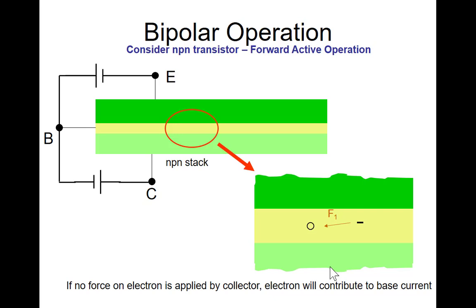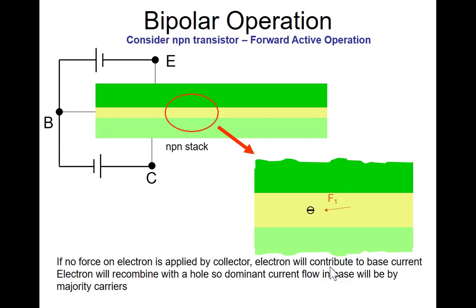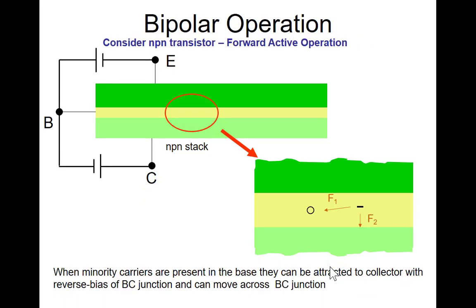And there's a force to have it recombine with the hole and exit to the left on this drawing as base current, right? But we said there was also a force applied by the voltage on the collector to have it come across this reverse bias junction and contribute to collector current.